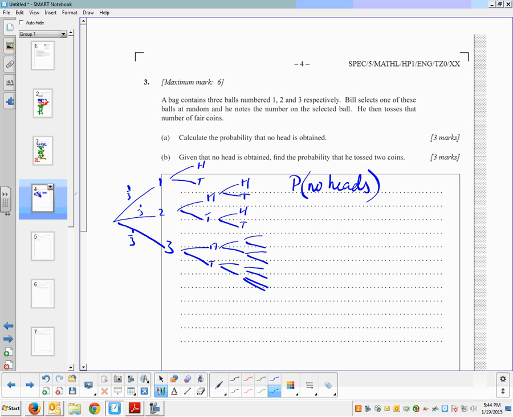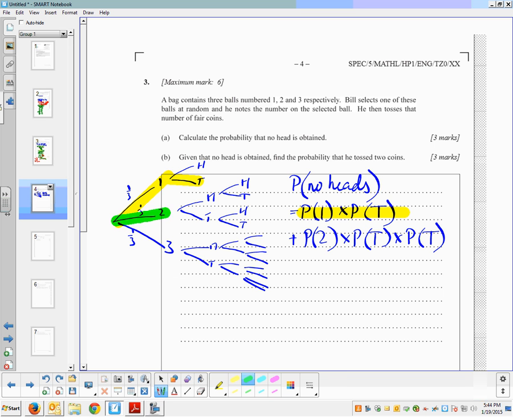Well, that's the same thing as saying what's the probability that they're all tails. So that's the probability of 1 times the probability of 1 tail. That's this first branch here. Then the next branch, add on, probability of choosing ball number 2, and then the probability of getting a tail, and the probability of getting another tail.